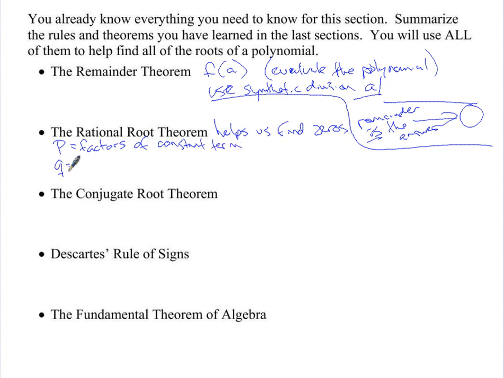Q equals what? Factors of leading coefficient. So then, once we have P and Q, we go P over Q, and that gives us all of the possible rational roots. It doesn't list all of the roots possible, it just lists the possible rational roots. What's the conjugate root theorem?